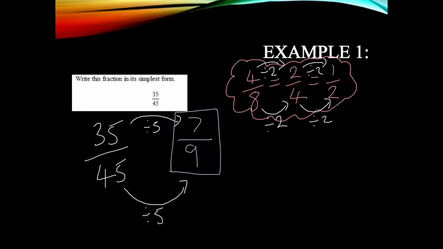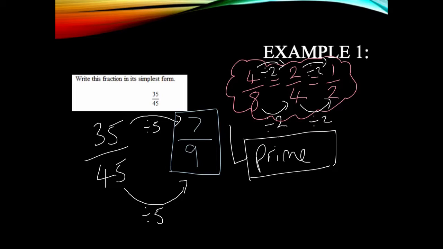Now, how do I know that 7 over 9 is in its simplest form? This is going to use another one of our keywords, and certainly when we're dealing with number topics, we're looking at prime numbers. I am convinced that this is in its simplest form because 7 is a prime number.